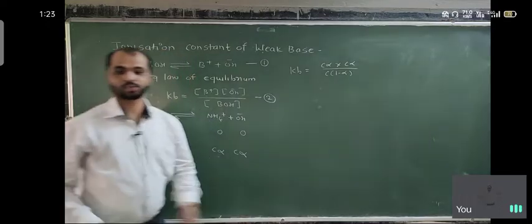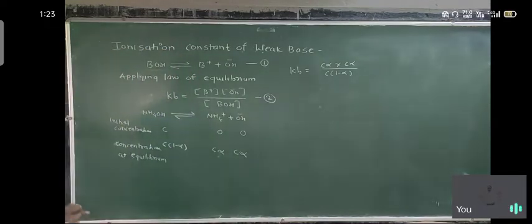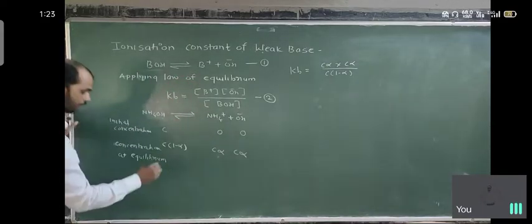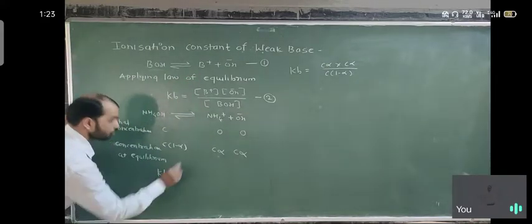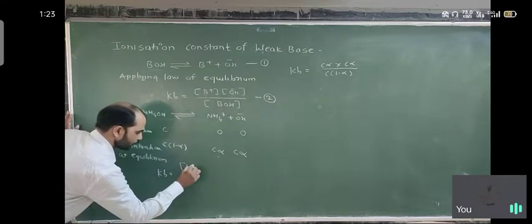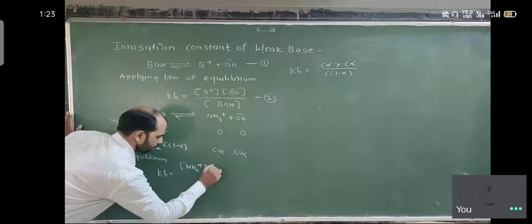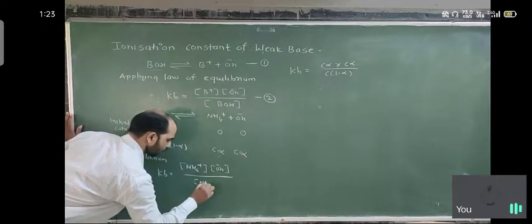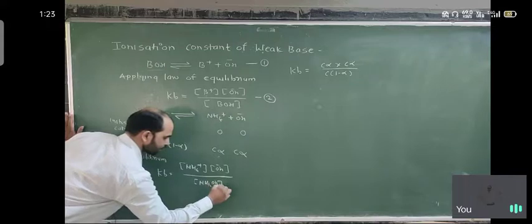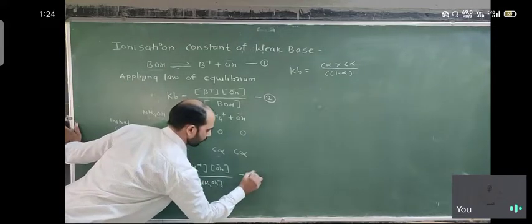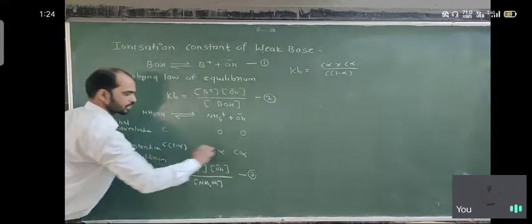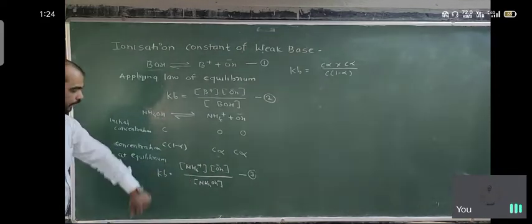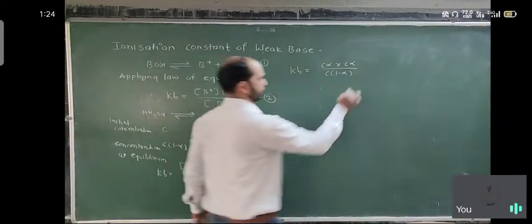Before that, we consider Kb is equal to NH4 plus, OH minus upon NH4OH. This is equation number 3. When we put the concentration values at equilibrium into equation number 3, we get this. This is equation number 4.